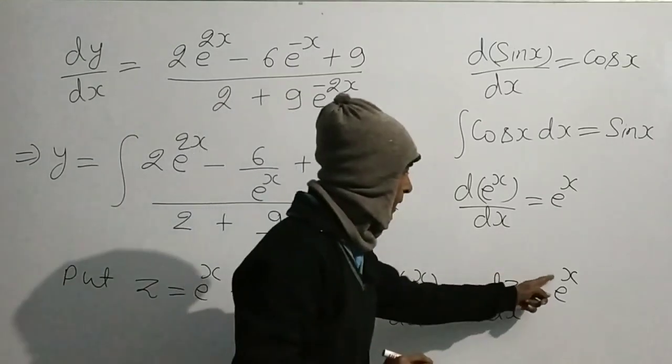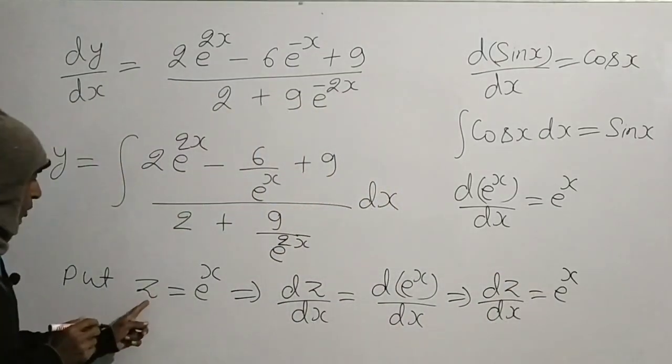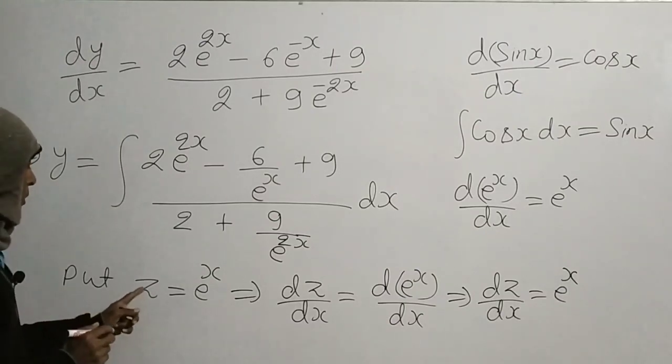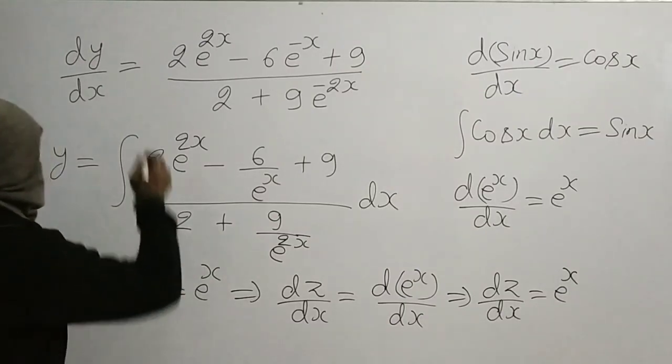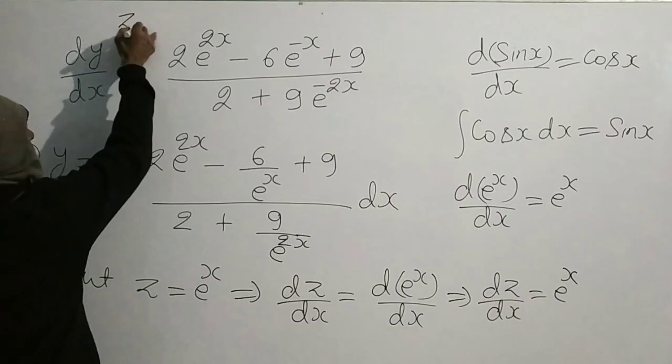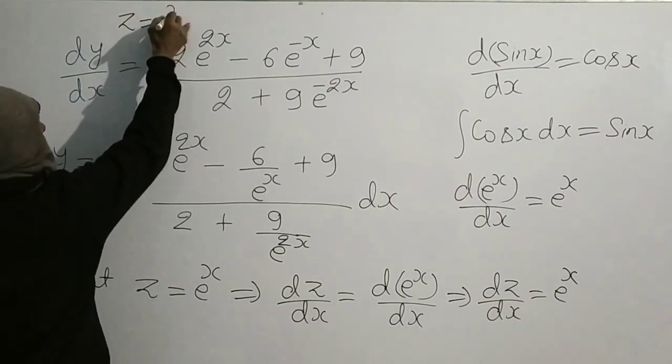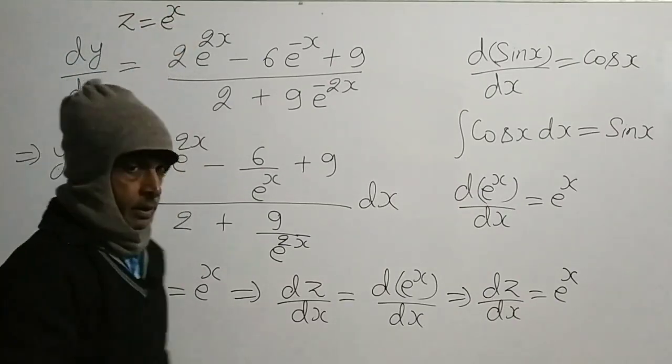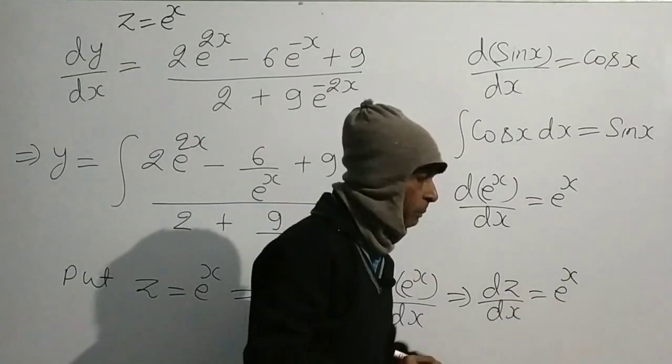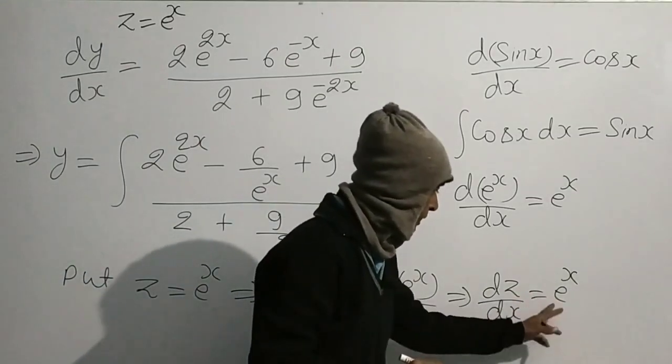But e^x is equal to z. Therefore, in place of e^x, we can write z.